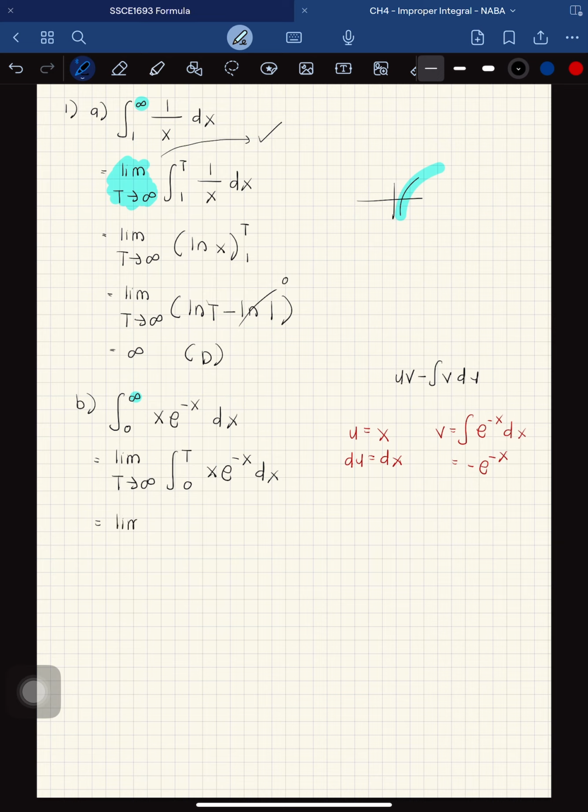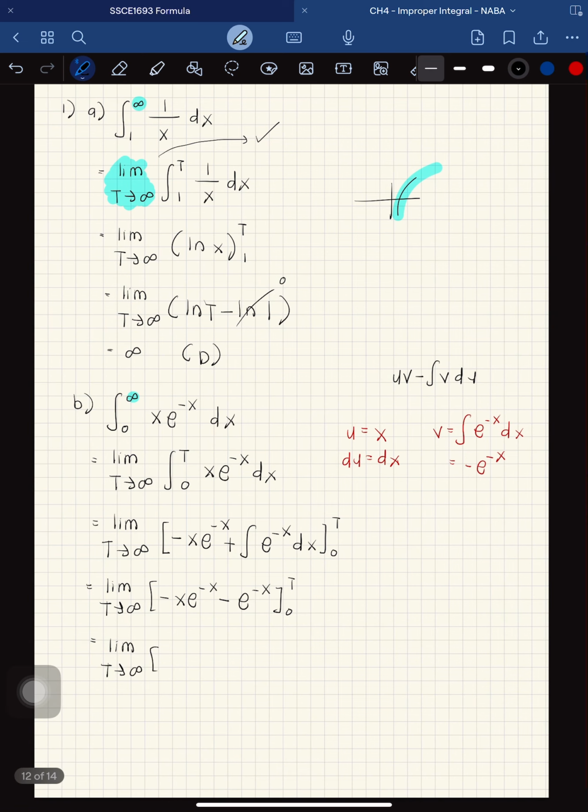So the limit when t approaches infinity: uv is negative x e to the negative x, minus, so minus becomes plus, the integral of v du, which is e to the negative x dx. That equals the limit when t approaches infinity of negative x e to the negative x minus e to the negative x, from 0 to t, and then substitute the limit.